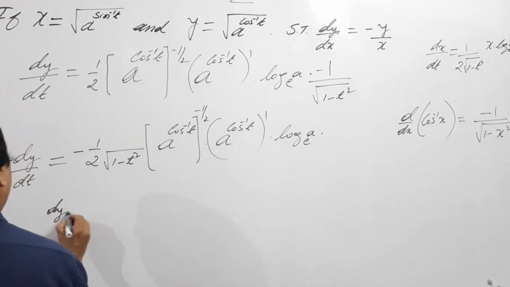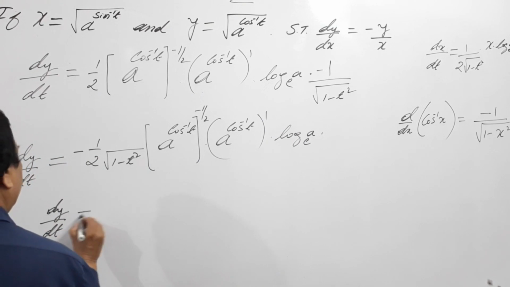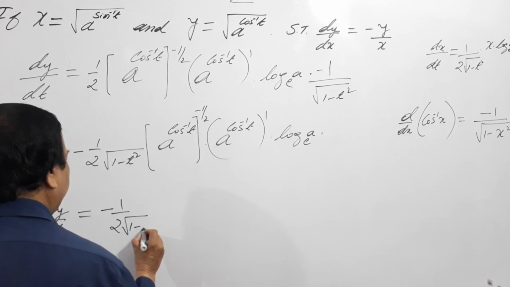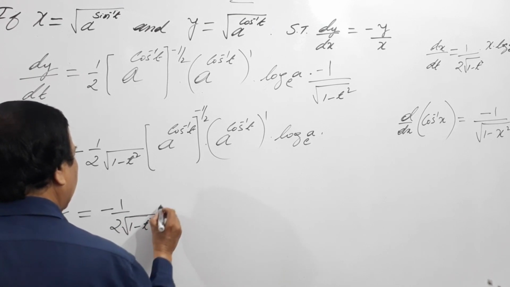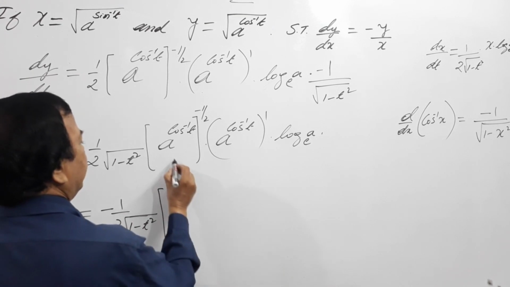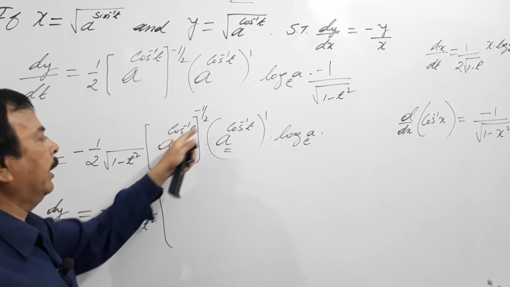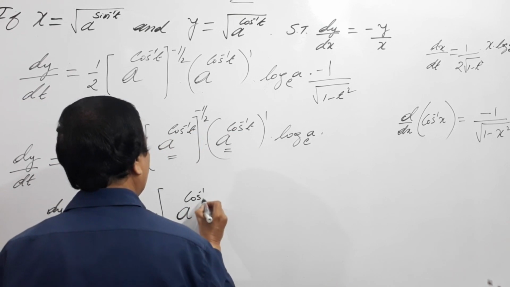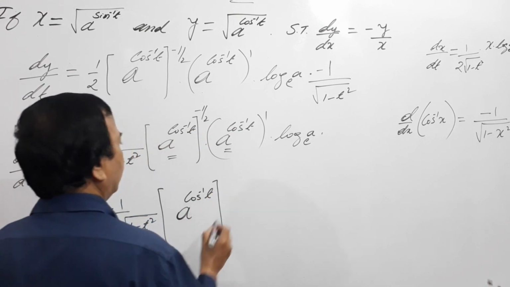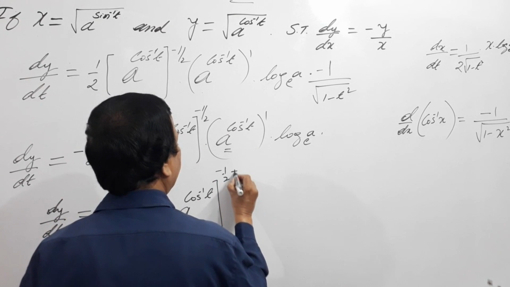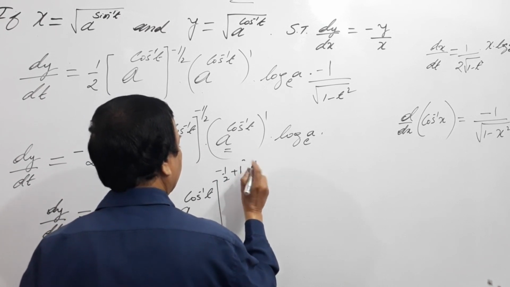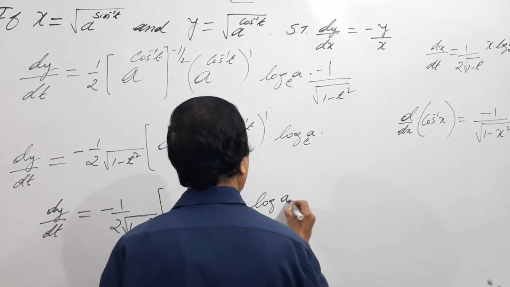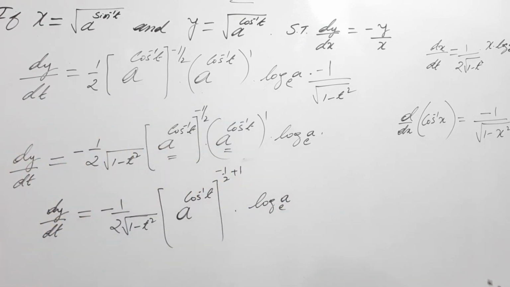So dy by dt equals minus half into 1 minus t square. See, the bases are same, add the indices. So this becomes a to the power of cos inverse t to the power of minus half plus 1 into log a to base e.